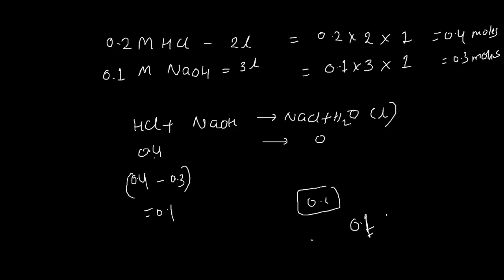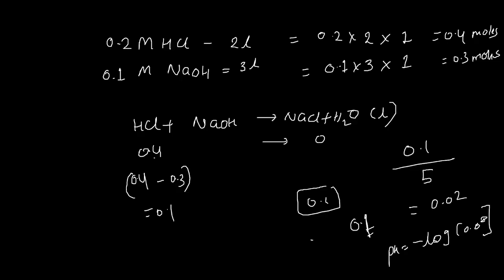So you will be getting the number of moles of NaCl, which is 0.1, divided by the total volume, which is 5. So you will be getting 0.02. So you can calculate the pH, which is equal to minus log 0.02.